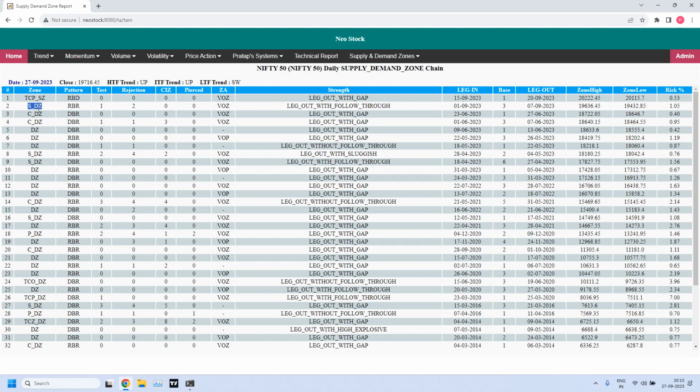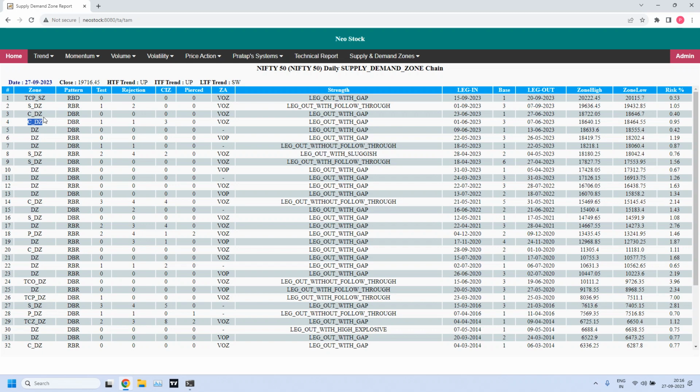In case, due to any reason, this supply zone breaks or is violated, below this supply zone there is one more high liquidity zone, the highest priority liquidity zone, just below this. That is 18,722. Below that, there is one more high liquidity zone. That means these three zones definitely support the price.